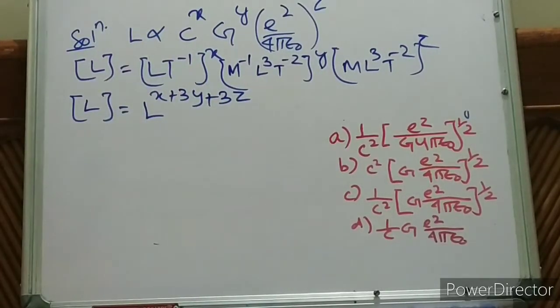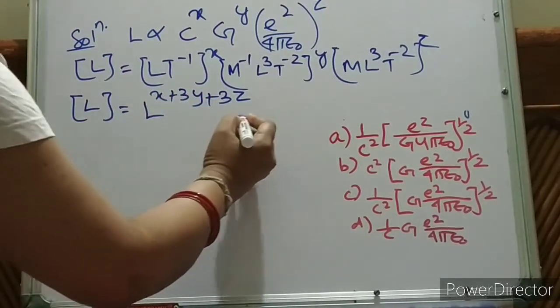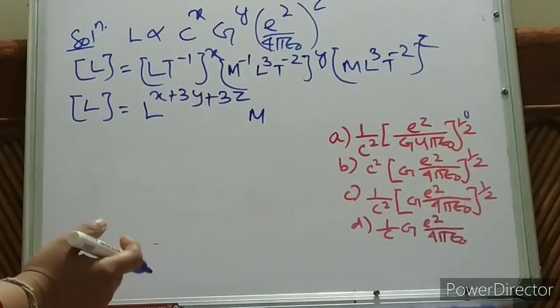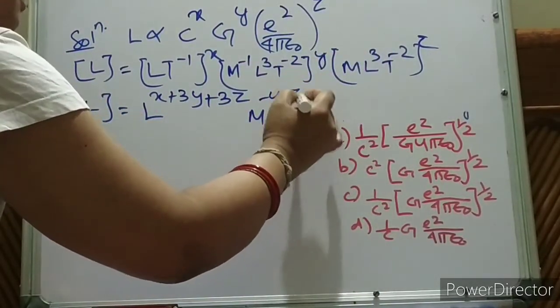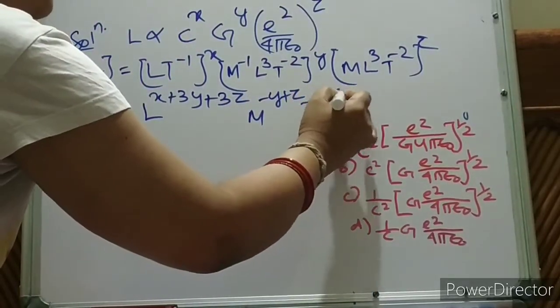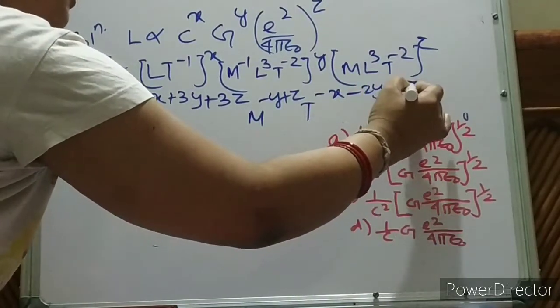Is it clear? X plus 3Y plus 3Z. Now what about M? M minus 1, that means minus Y, here plus Z. Then what about T? T here: minus X minus 2Y, then minus 2Z.